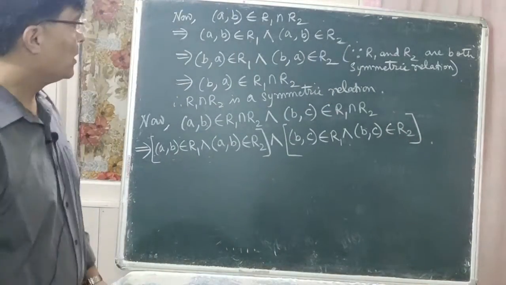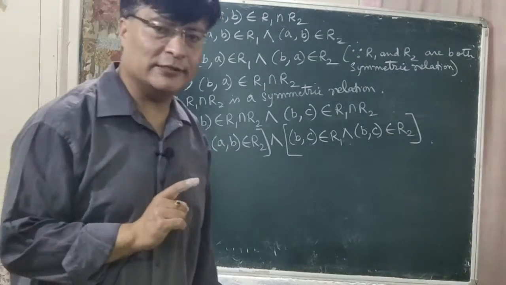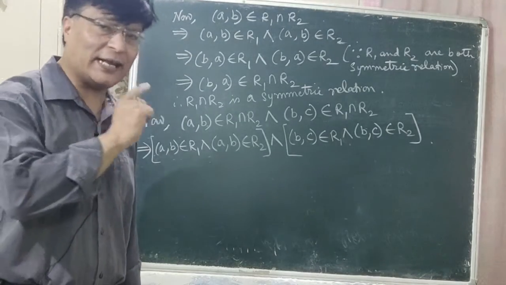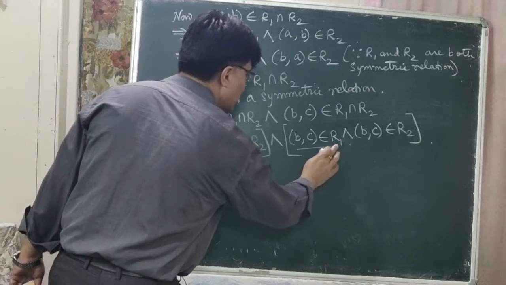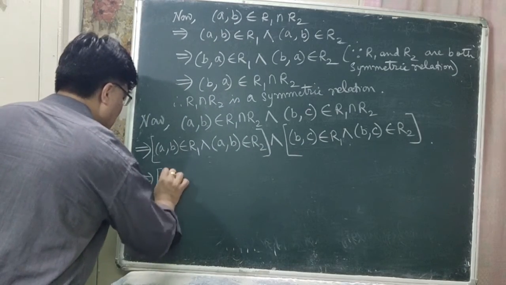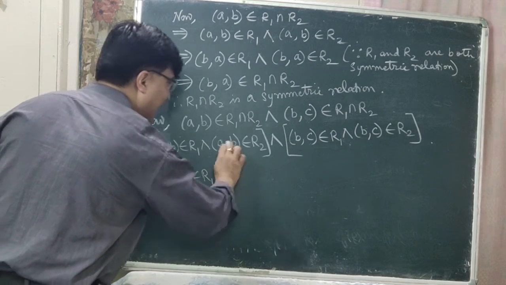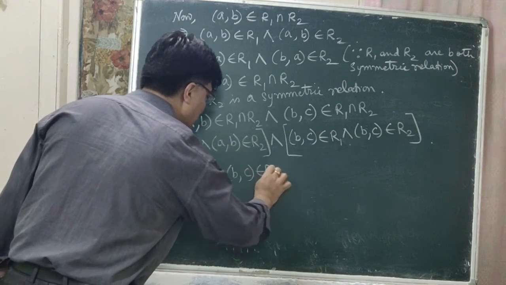Okay? And we have already written before that the two relations R1 and R2 are transitive relations. So now we write these two together. Okay? Let us write these two together here. Within bracket A comma B belongs to the relation R1 and B comma C belongs to the relation R1, right?